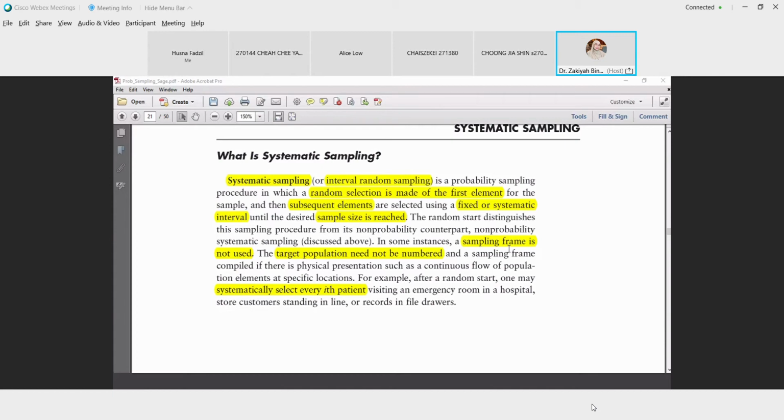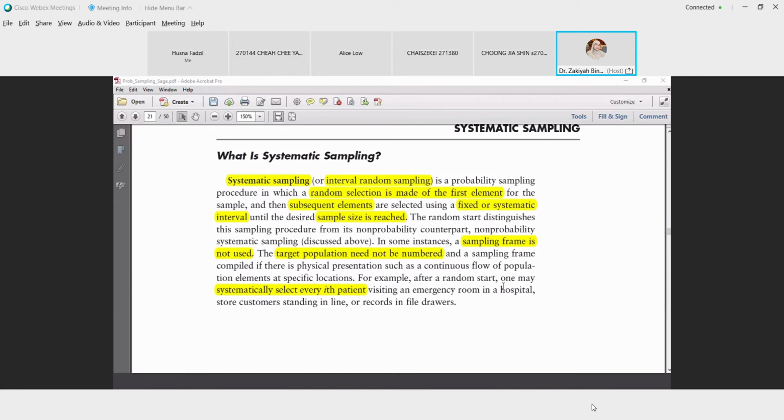You do not need to number your target population. Compare with SRS, where you need to number, isn't it? And a sampling frame also is not needed when you have a continuous flow of population elements at specific locations.